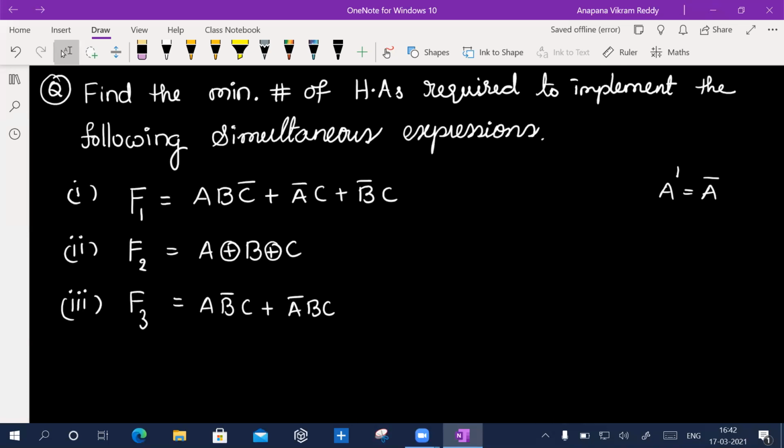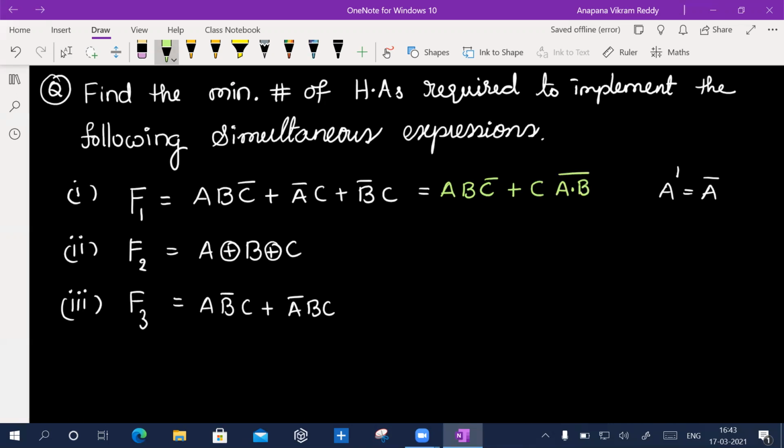Yes, sir. C and A XOR B. Okay, I'll take this. Let me use this color. First I will take A B C complement as it is, and then I can take C and A and B whole complement.